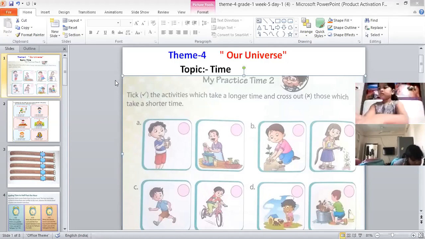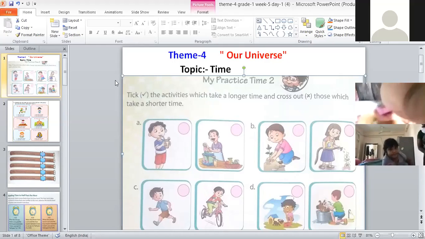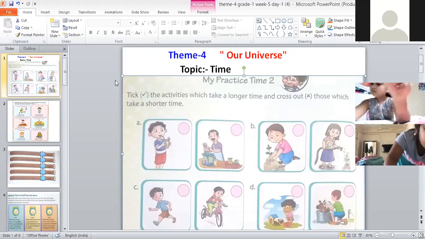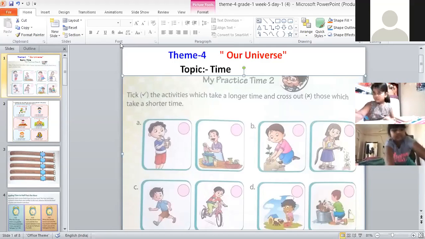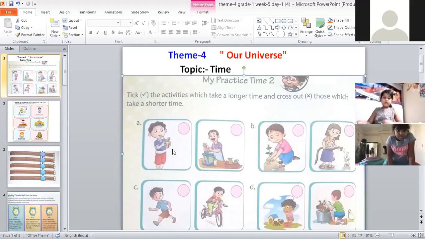Tanishka, please. Tell me which will take more time. Look at the first two pictures. Tell me what is there in the first picture, what that boy is doing. The boy is drinking the juice.